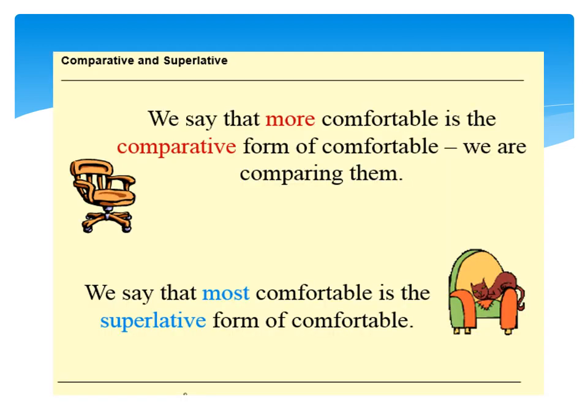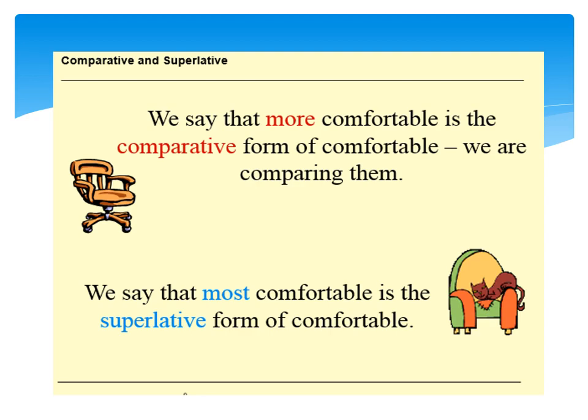Another rule is when we use comparative sentences with long adjectives. In these cases there are examples like comfortable, delicious, intelligent, difficult, dangerous, luxurious. So these are words that are long.